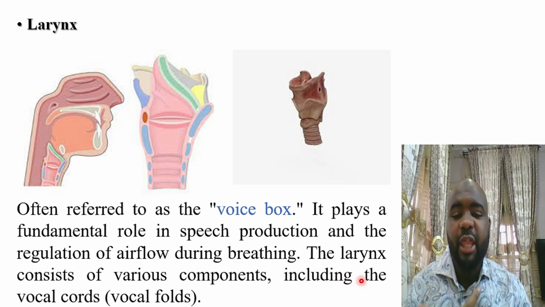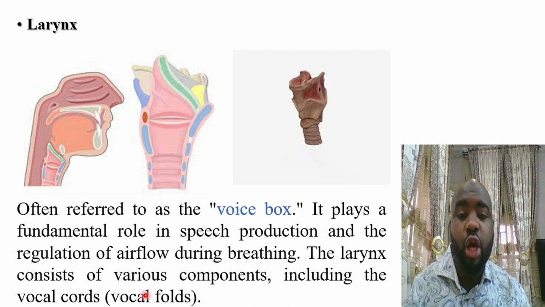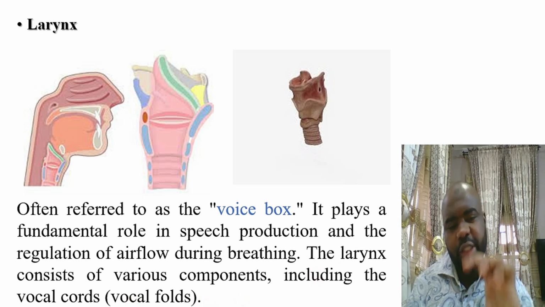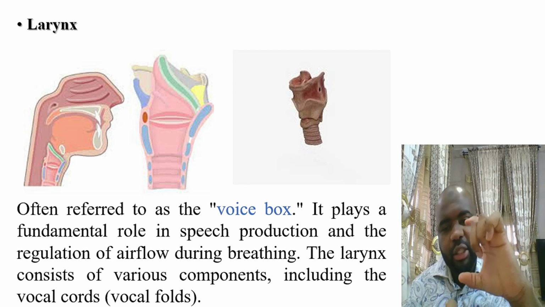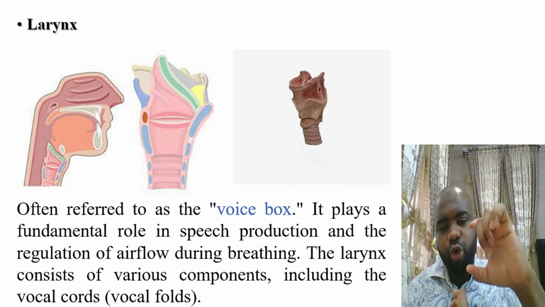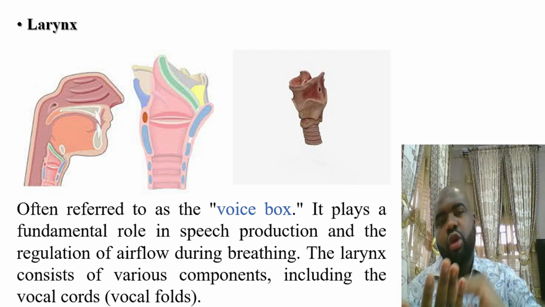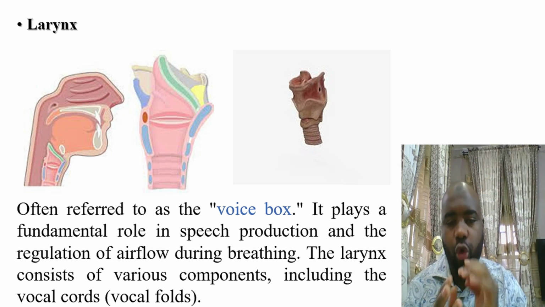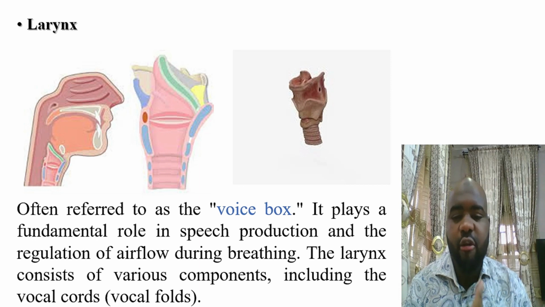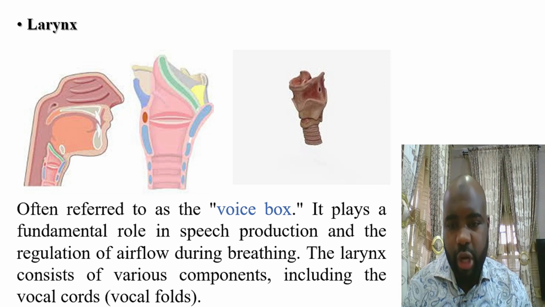The larynx consists of various components, including the vocal cords or vocal folds. It's a kind of box that contains the vocal folds, which are responsible for a sound being high pitch or low pitch. So we're going to look at the vocal cords now.